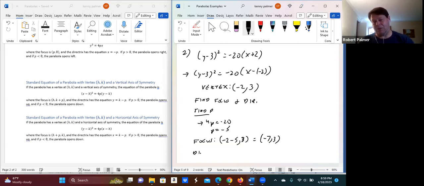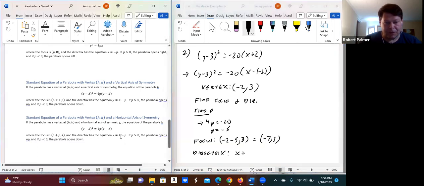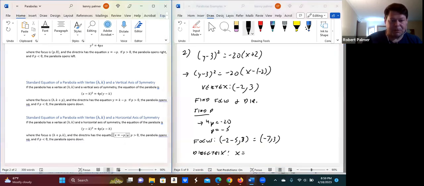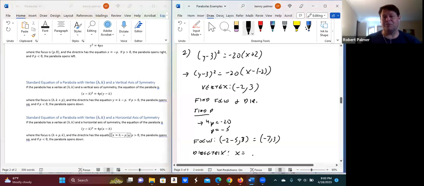Okay. And then the directrix is the vertical line x equals k minus p. Once again, k is 3. Oops, I think it's a typo. Hang on. That should be h. I guess it'd be h minus p. Apologies, that's a copy and paste error. It should be h minus p. I'm pretty sure. Yeah, sorry about that. It's h minus p.